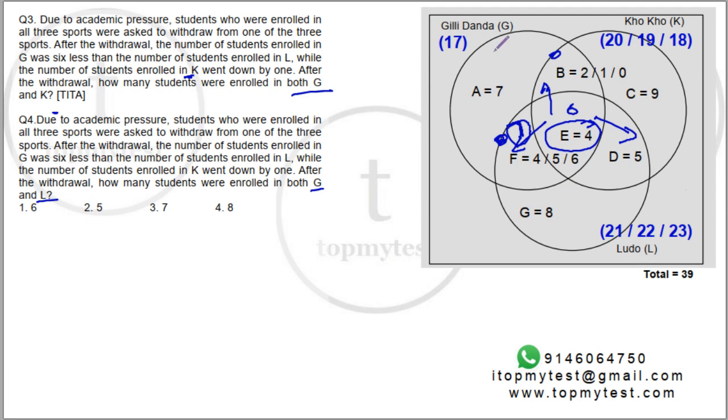It will not change the value of Gilli Danda's people or Ludo. Kho-Kho will drop by 1. Now the difference between the number of people who play Ludo and the number of people who play Gilli Danda should be 6. So the remaining 3 people we have to migrate in such a way that the difference becomes 6.